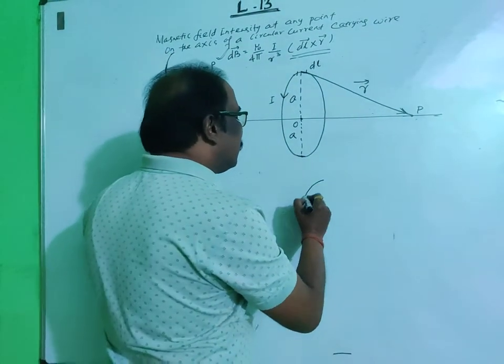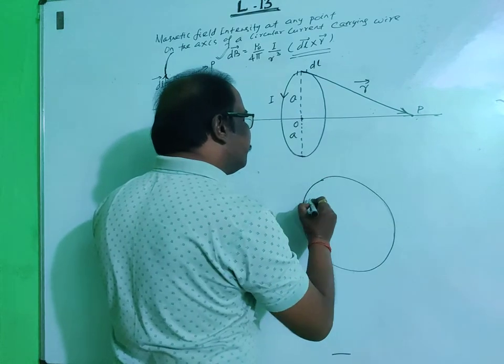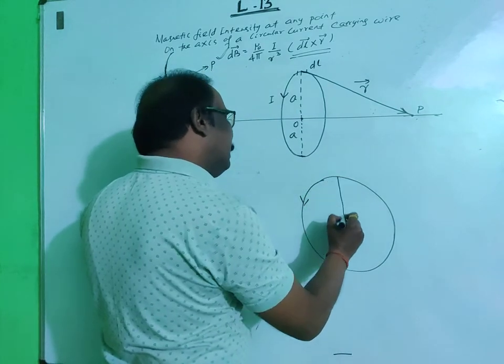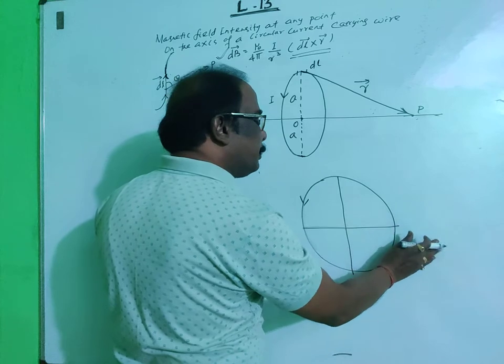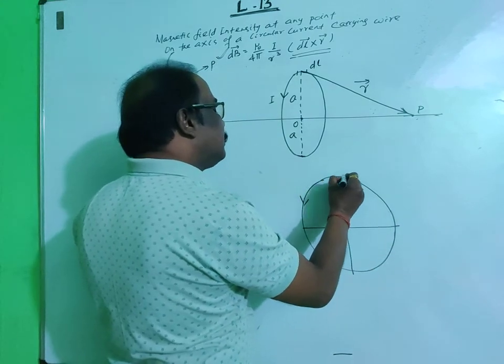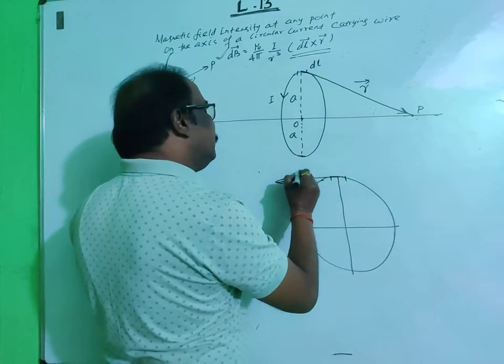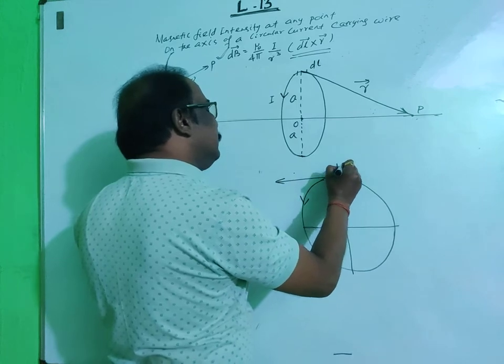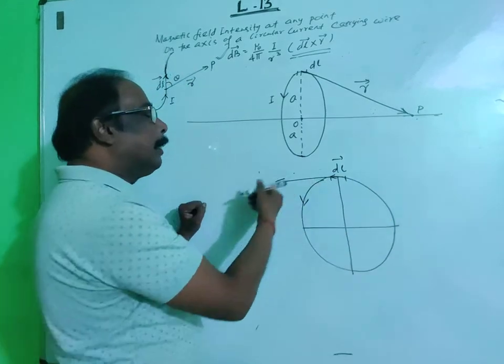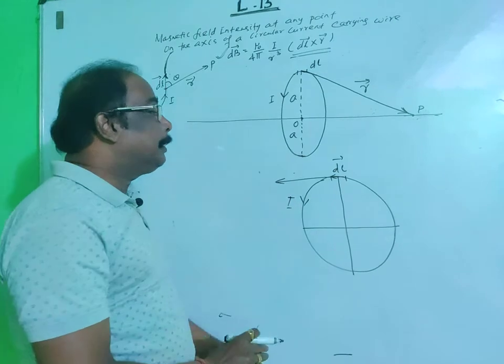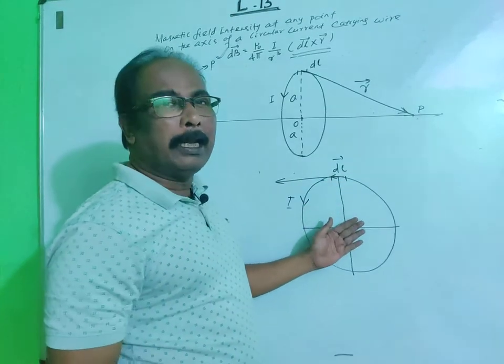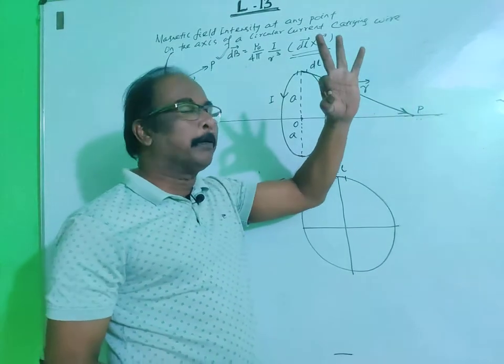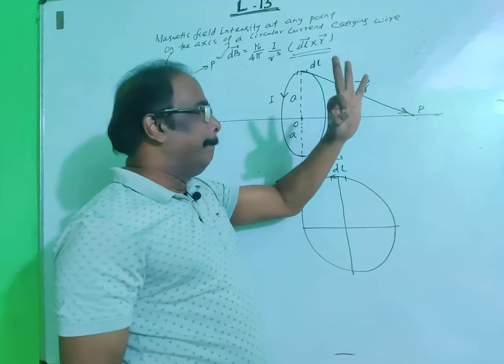If the circle is taken like this, with the plane of the circle parallel to this whiteboard, then the direction of dl is along the tangent. But here the circle is not kept parallel to this plane, but perpendicular to it.